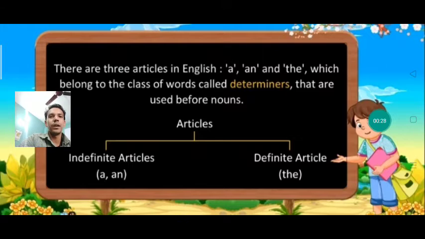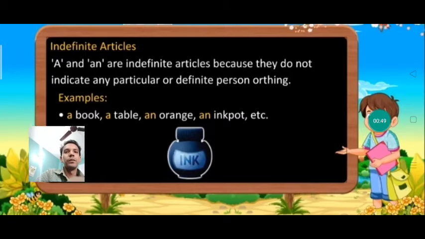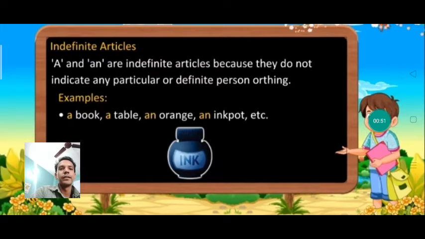What we have to remember here is that articles can be definite and indefinite. Which articles come in the list of indefinite articles? They are a and an. The definite article is the.